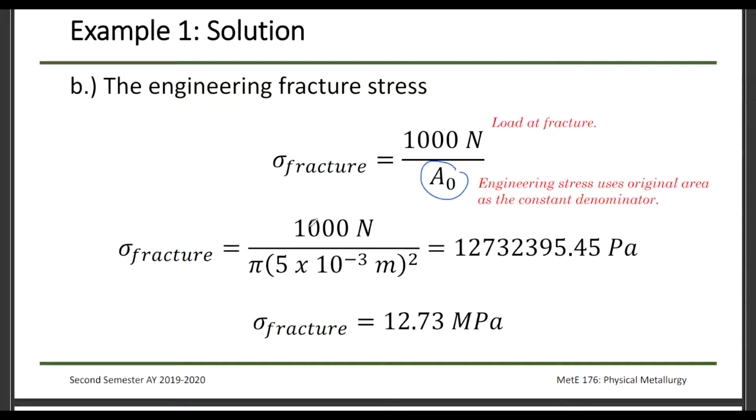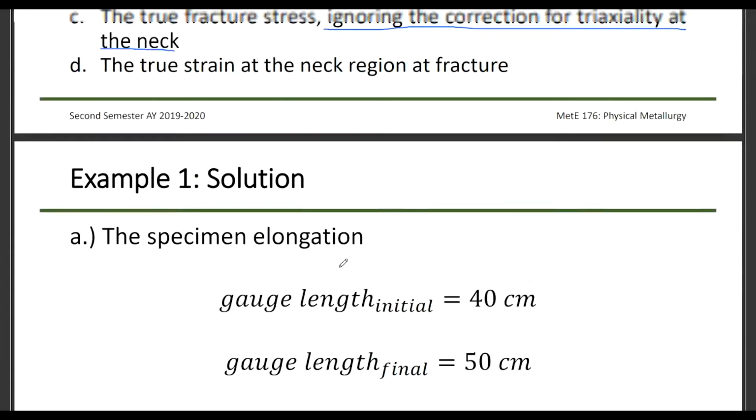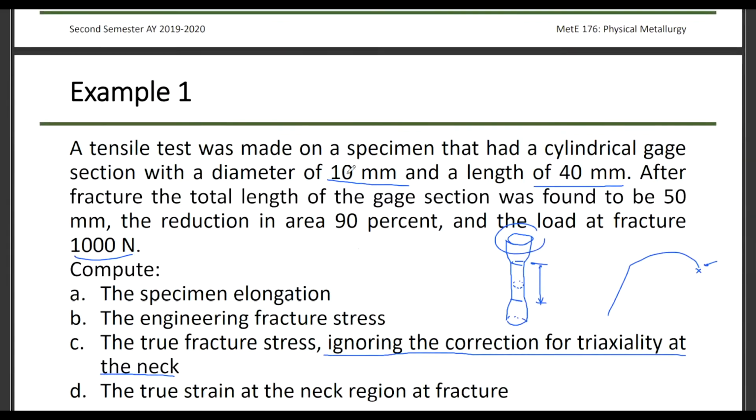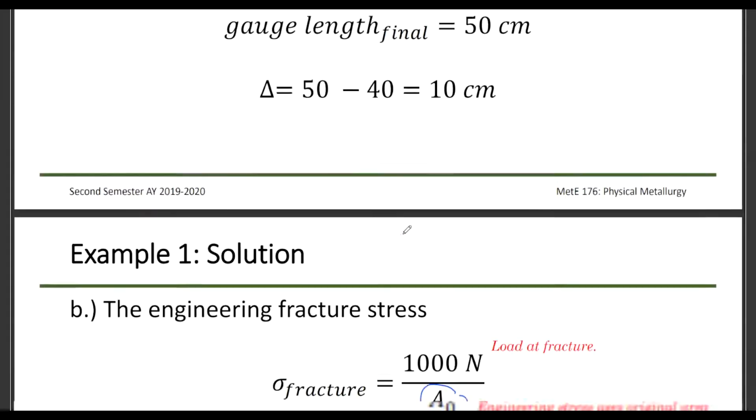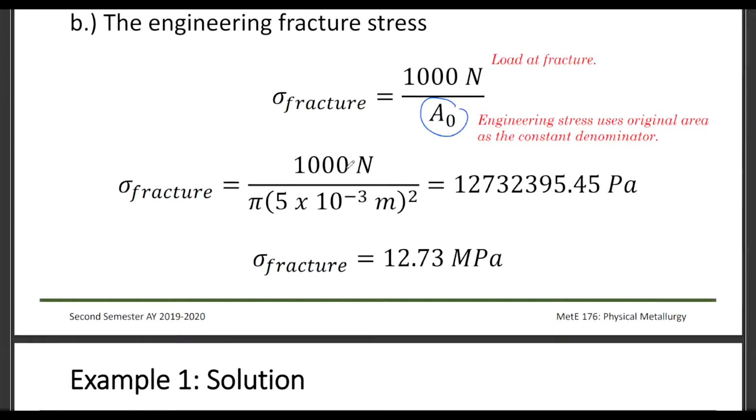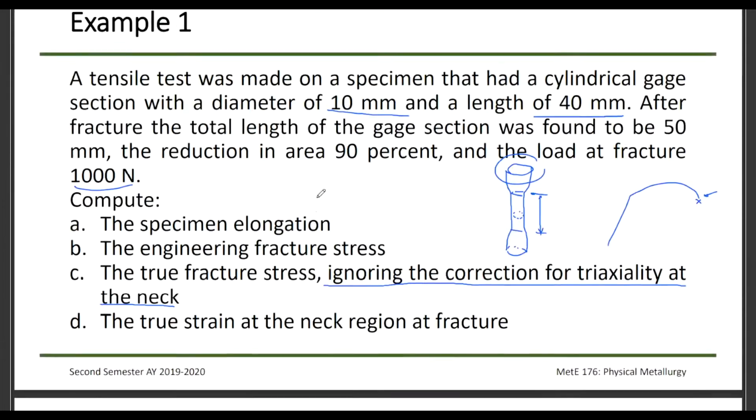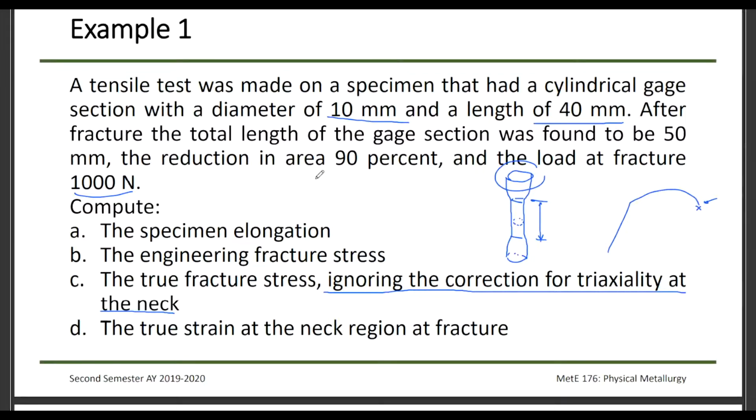So we have 1,000 newtons divided by pi r squared, where r is, as stated here, for the 10 millimeter initial, the diameter over 2. Usually, class, sometimes they do not mention the dimension is the diameter, no?